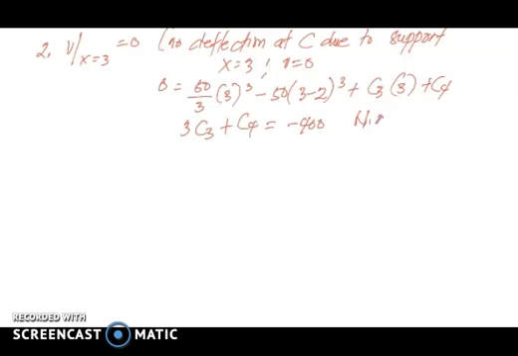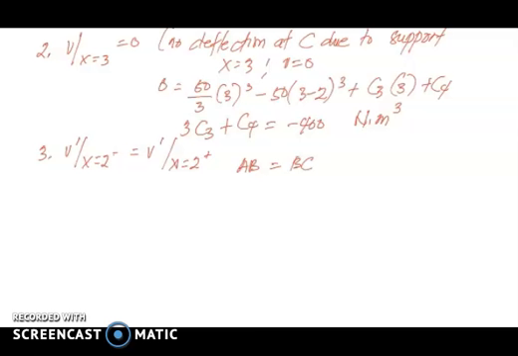Therefore, for the third boundary condition, the slope at point B is continuous. So we can equate the equation for the slope at segment AB to the equation of the slope for segment BC. So we're going to have V prime at x equal to 2 negative equal to V prime at x equal to 2 positive.